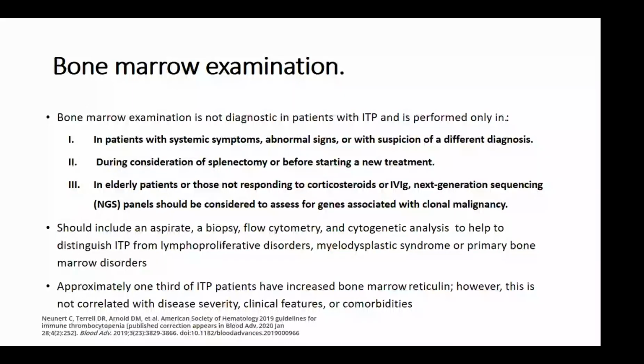Here we could do a next-generation sequencing panel to exclude clonal malignancy. The bone marrow aspirate and biopsy should include flow cytometry and cytogenetic analysis to distinguish ITP from other causes of thrombocytopenia like lymphoproliferative neoplasm, myelodysplastic syndrome, primary bone marrow failure, or even metastatic malignancy.